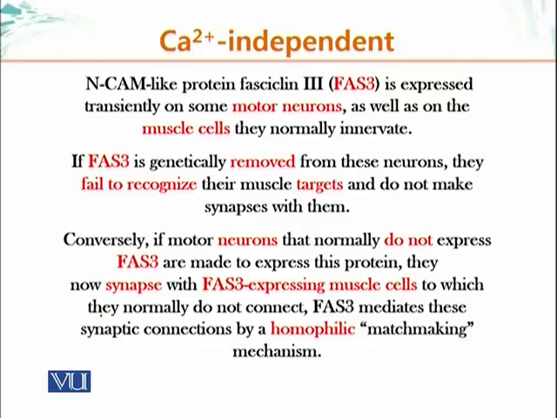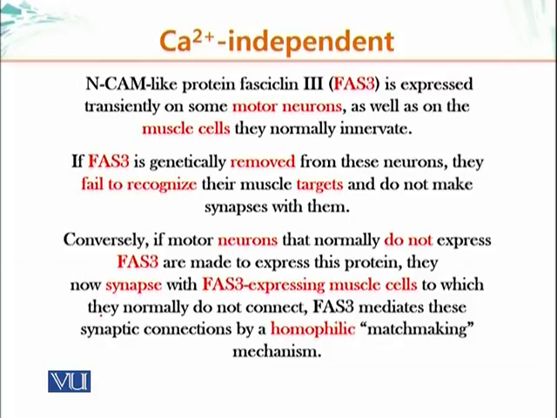An NCAM-like protein called fasciclin 3, or FAS3, is expressed transiently on some motor neurons as well as on some muscle cells they normally innervate. If FAS3 is genetically removed from these neurons, with everything else constant, they fail to recognize their targets, which in this case are the muscle cells, and they do not synapse with them.